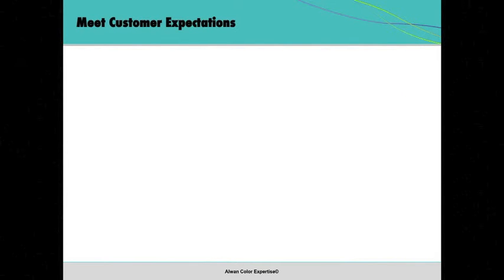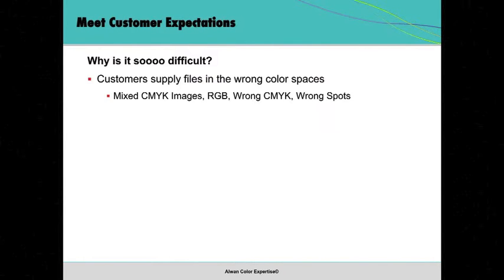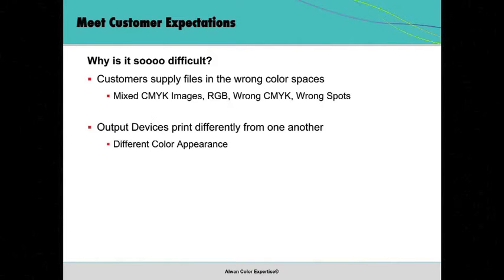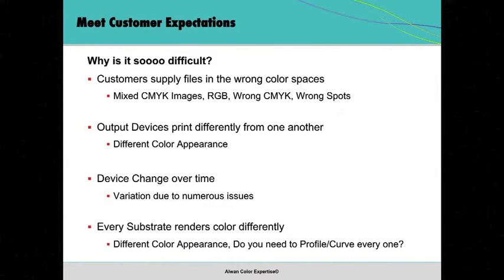So, as I talked about, our goal is to provide prints that meet customers' expectations. But why is it so difficult? A lot of reasons. Customers supply files in the wrong color spaces with mixed intents. Output devices print differently from one another. Devices change their color characteristics over time.